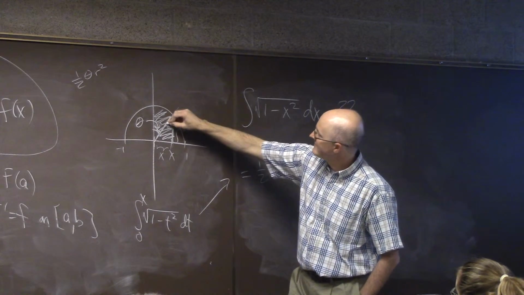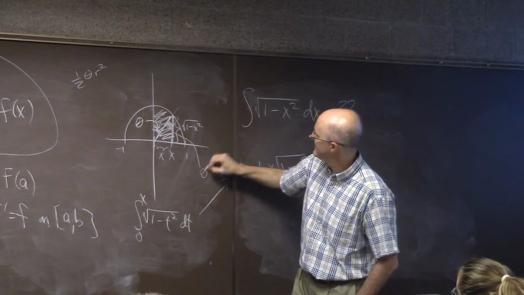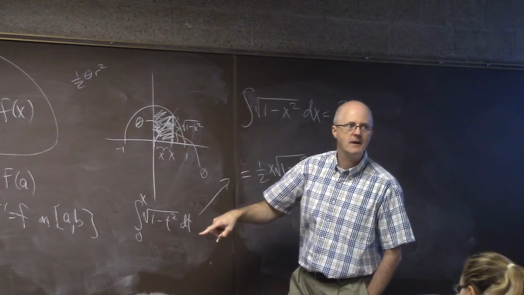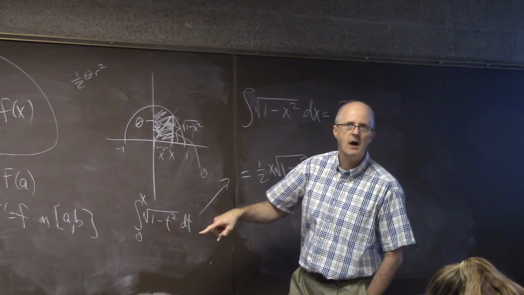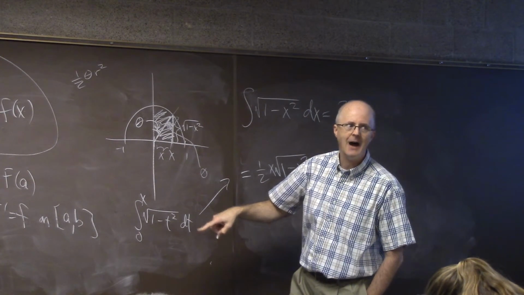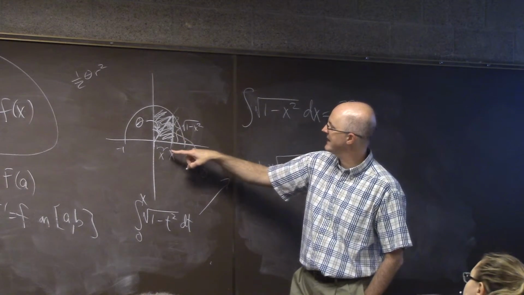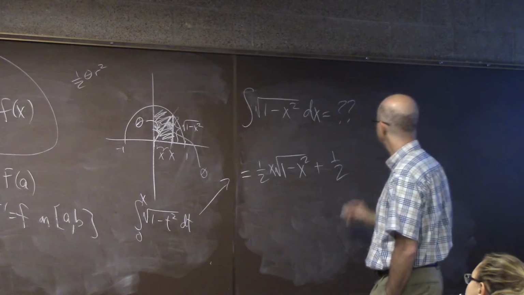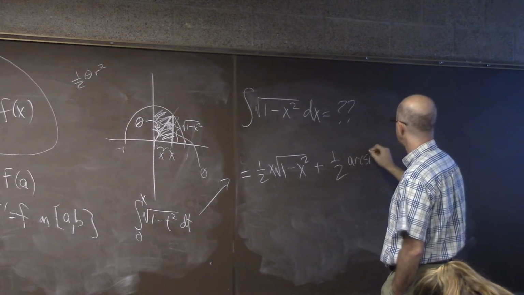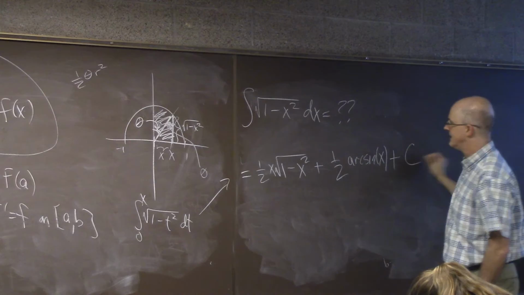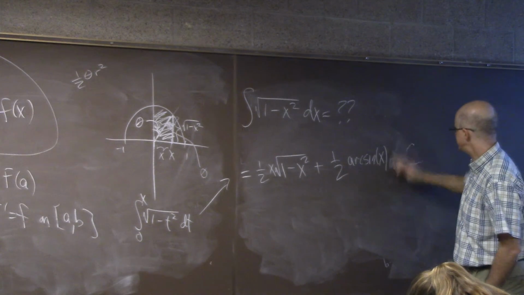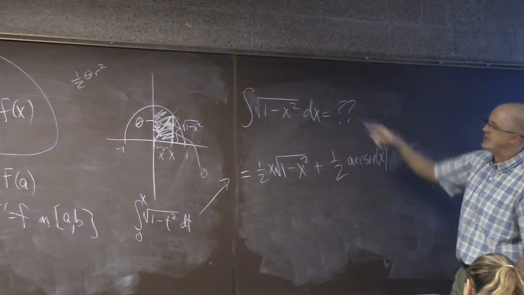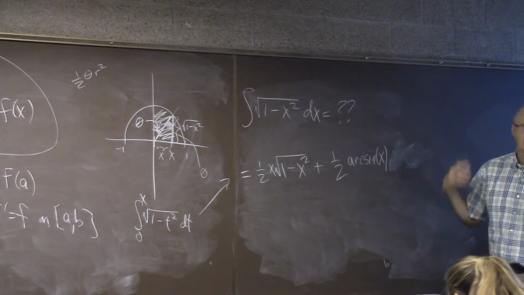So that's theta there. Its opposite side is x. Its hypotenuse is 1. So, SOH: sine is opposite over hypotenuse. Sine of theta is x over 1. Sine of theta is x. Theta is arcsine of x. There's your general antiderivative. Well, the c is 0 for this integral, but for your antiderivative, you'd add on a plus c.